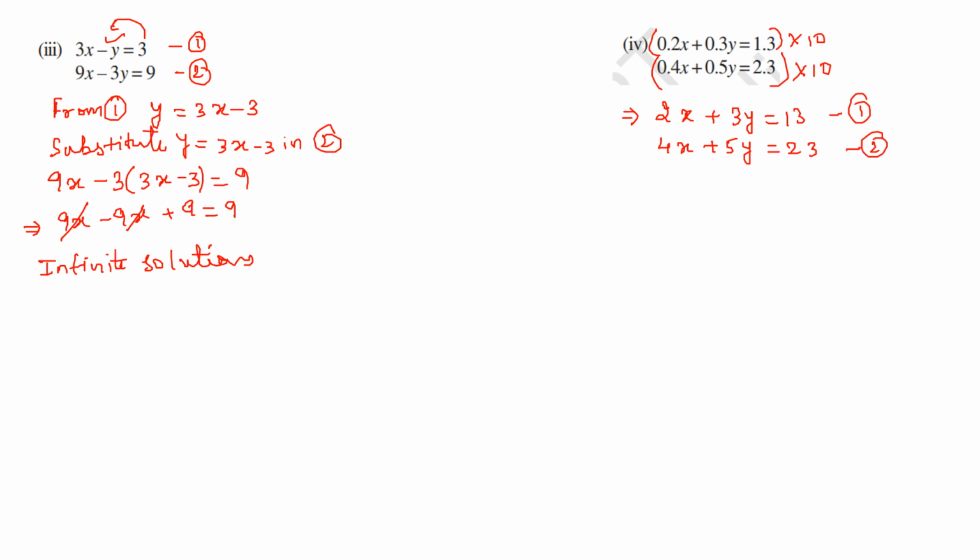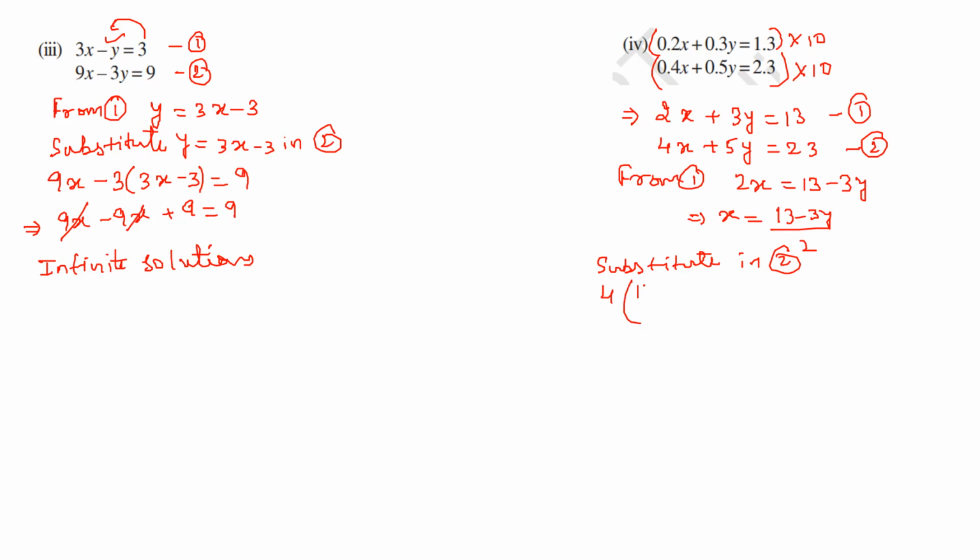Now from first, I can write 2x as 13 minus 3y and x will be 13 minus 3y by 2. Now let's substitute in equation 2. So when you substitute in equation 2, what you will get? 4 times x, which is 13 minus 3y by 2, plus 5y equal to 23.